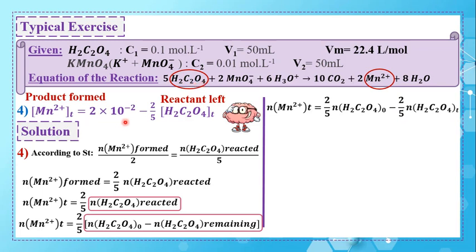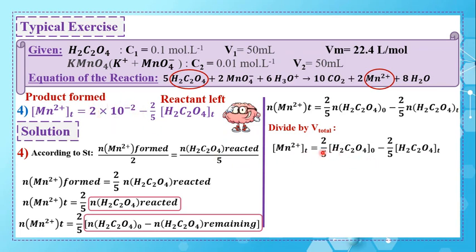Now, let's look to this relation. I want to pass from number of mole to concentration, so I will divide by V total. So I will get, instead of number of mole here, I will get concentrations, okay? So the concentration, concentration, and concentration. By making a comparison, I still have to get this value.